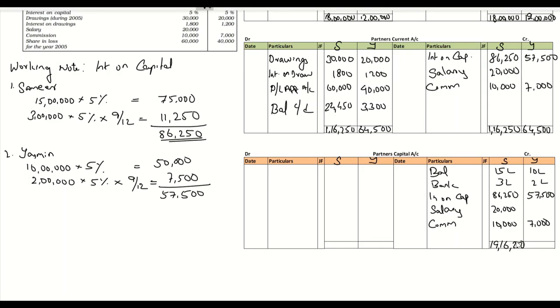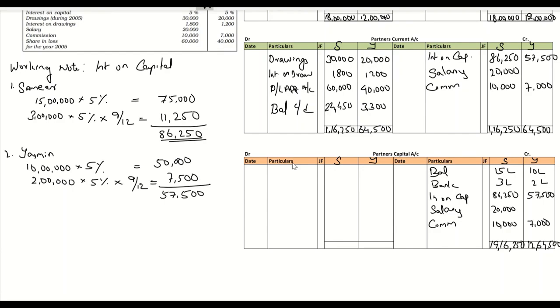And for Yasmin it is 10 lakhs plus 2 lakhs plus 57,500 plus 7,000. It will be 12,64,500.